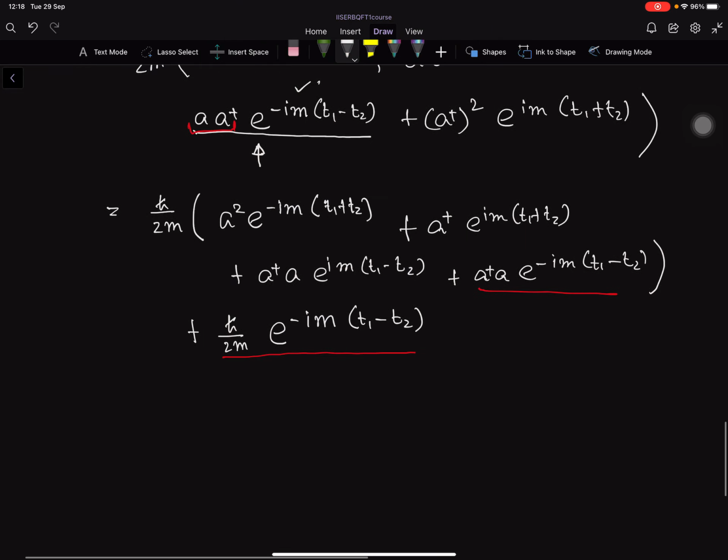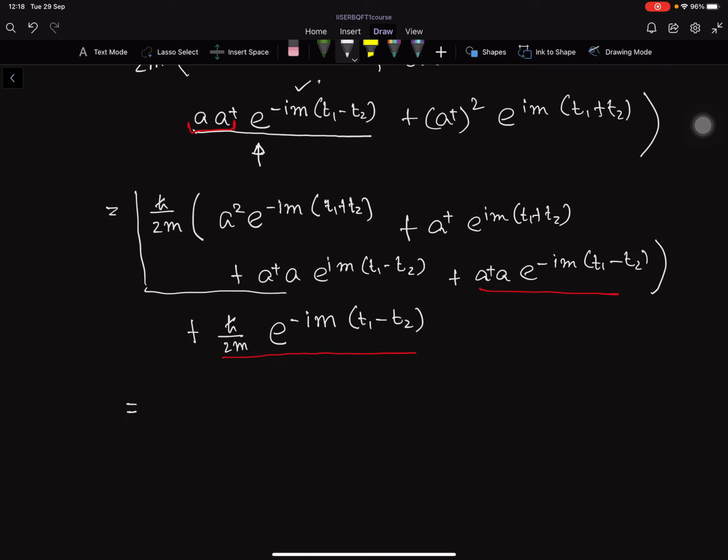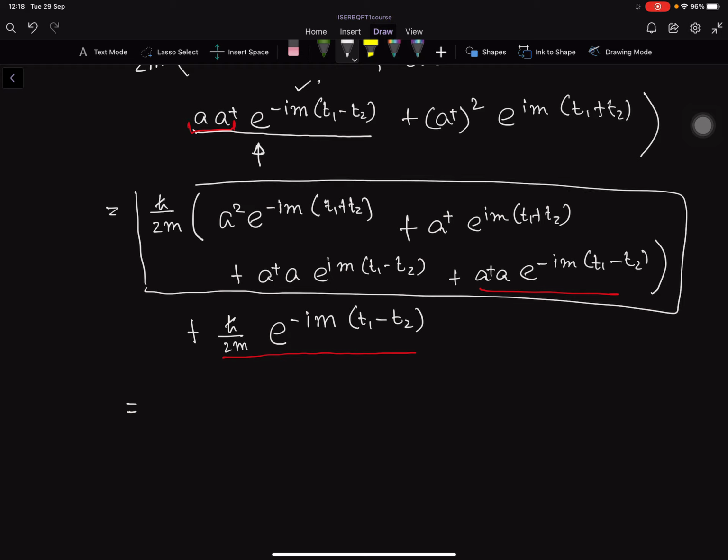Now you probably can identify this result. So this whole thing is normal ordered phi I t1 phi I t2. Okay, this you can check. And the extra thing that we have got in this process is simply the Wightman propagator. Right?